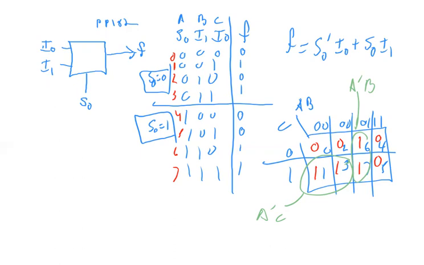So this is supposed to be A. That's input 1. That's input 0. So if C is input 0, then, oh, I see, that's supposed to be S0. Then what we have is, yeah, did I do this right? Let's just make sure.